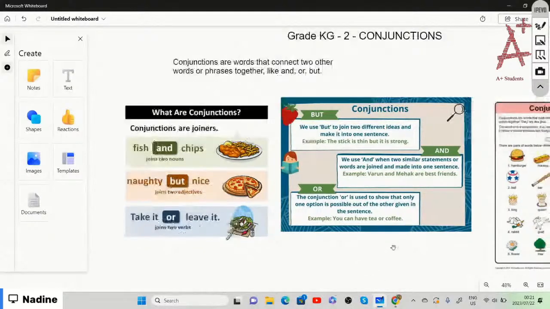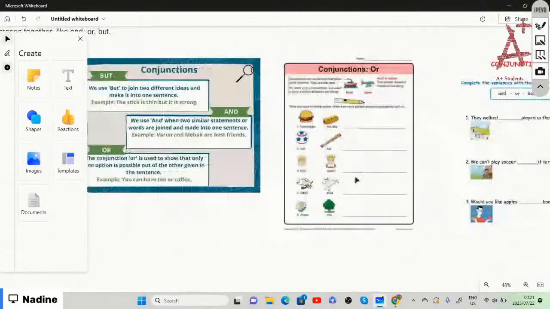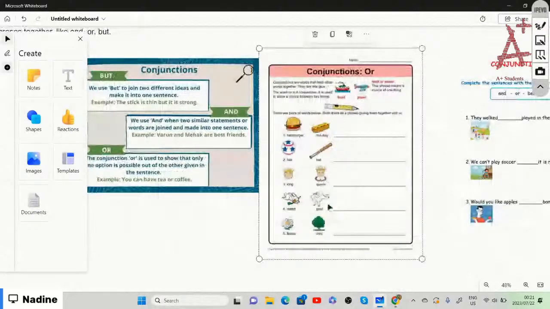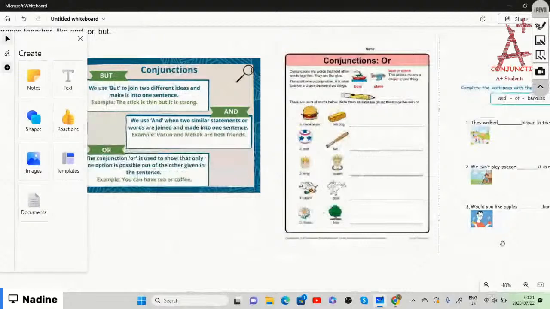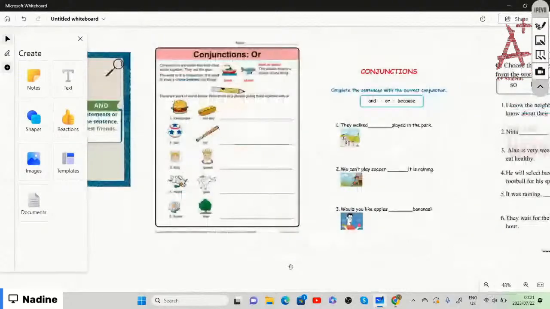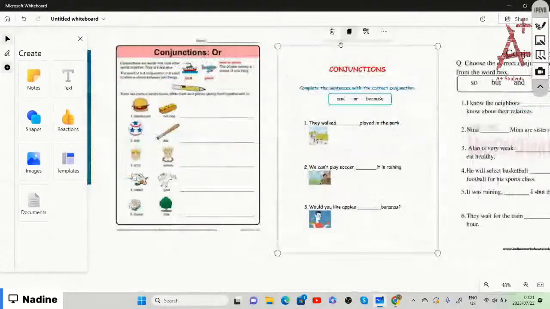All right. Okay, so now we're going to do an activity. Before we come to the activity on or, let's do this one. It says conjunctions. Complete the sentences. So we're going to complete the sentence with the correct conjunction: and, or, because.